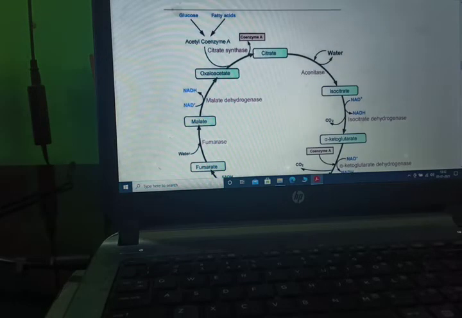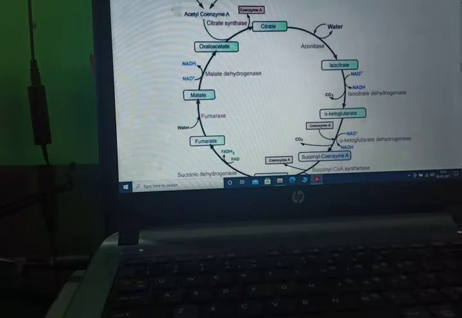Now we will see the cycle. Glucose and fatty acid convert into acetyl coenzyme A, which combines with oxaloacetate in the presence of citrate synthetase and converts into citrate. Citrate converts into isocitrate in the presence of the aconitase enzyme and water.